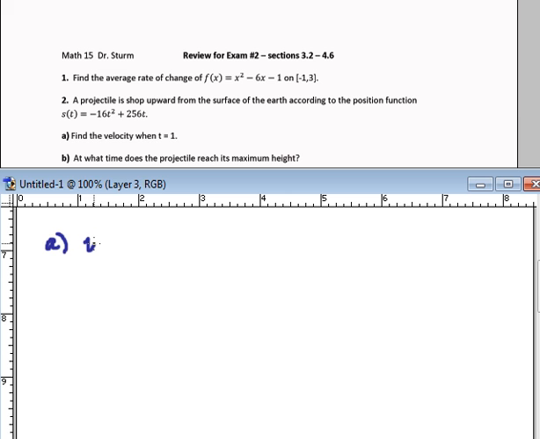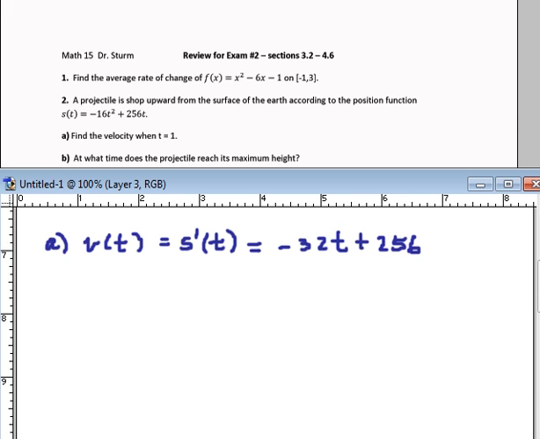Alright, so velocity is equal to s prime of t. So we'll take the derivative, and the derivative of this first term, bring down the 2, and so we have minus 32t plus 256.